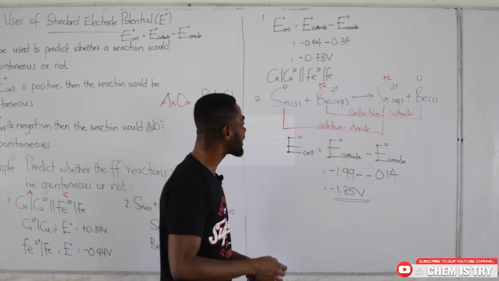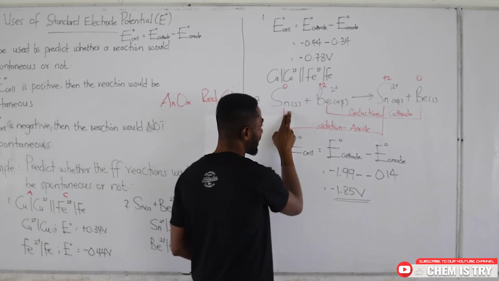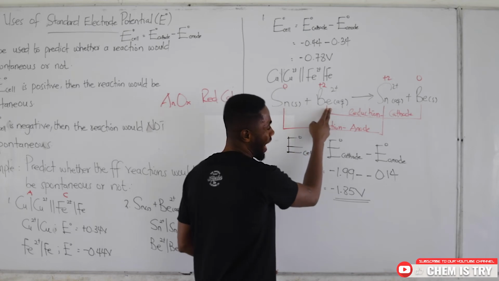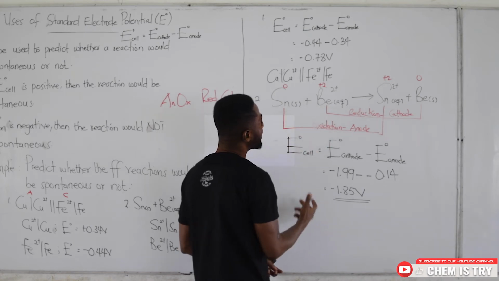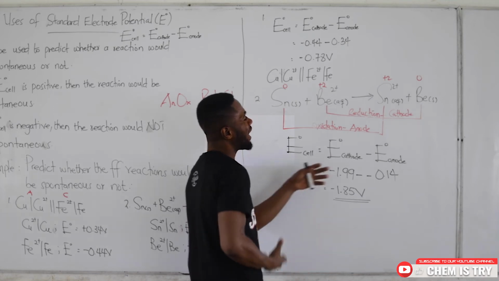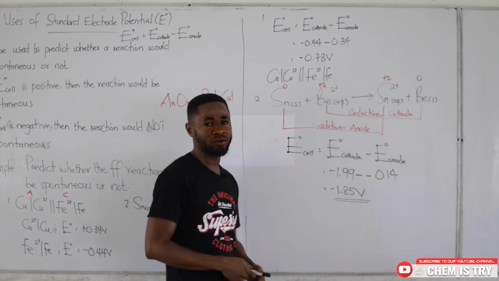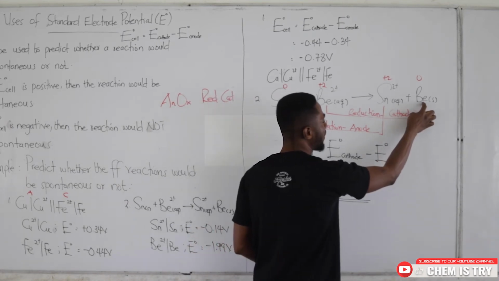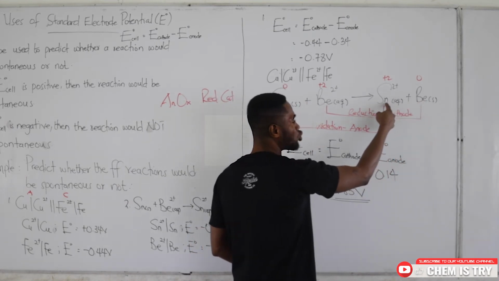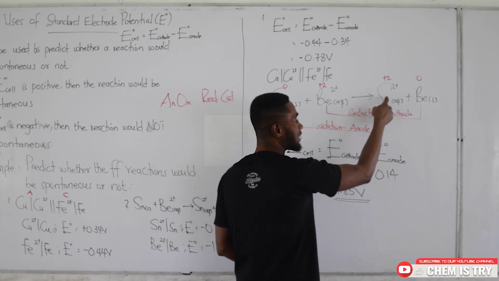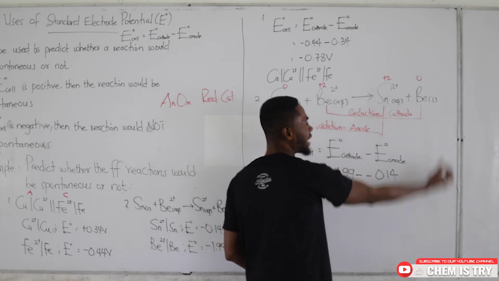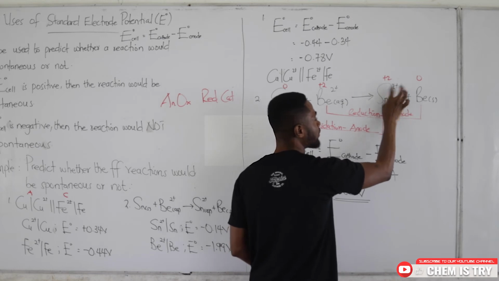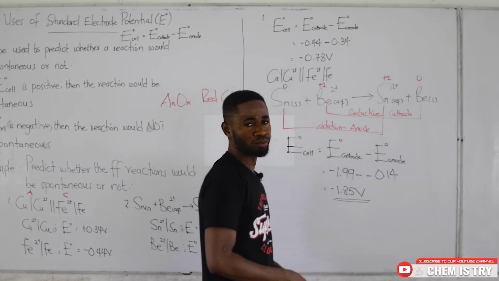What it means is that when tin meets beryllium ion, there is no way tin can give its electrons to the beryllium ion. Rather, it has to be the beryllium element meeting the tin 2 plus ion. Then the tin 2 plus ion will accept electrons from the beryllium.